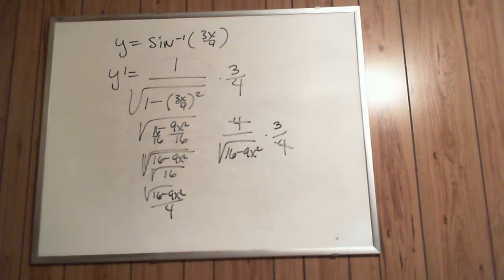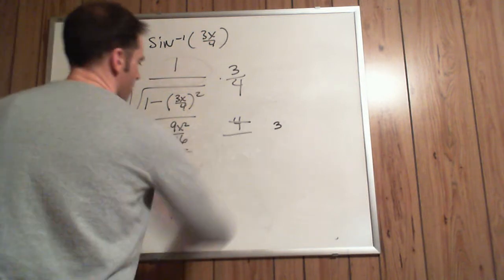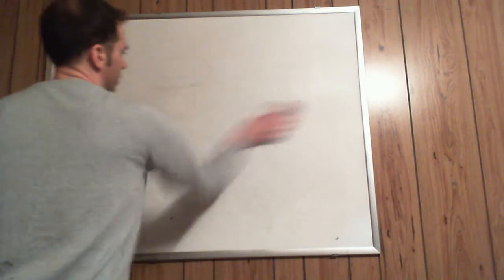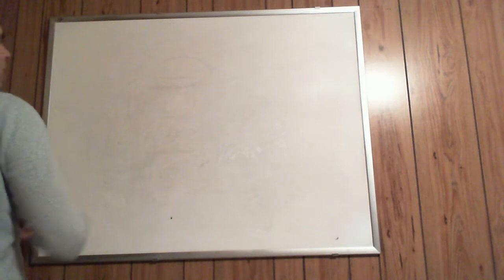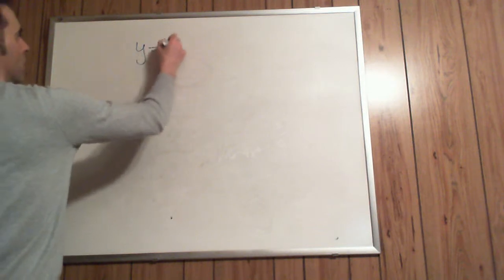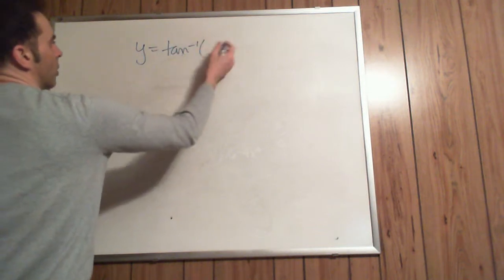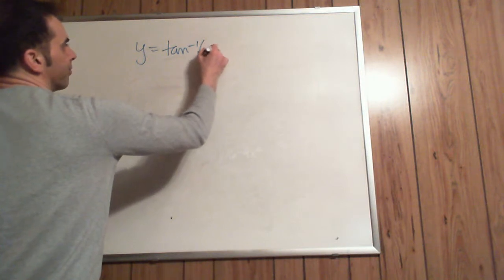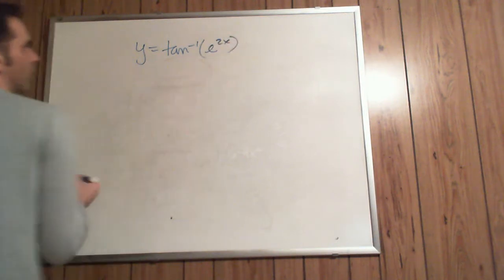Let's do one with tangent inverse. The derivative of tangent inverse. Suppose we have y equals tangent inverse of e to the 2x.